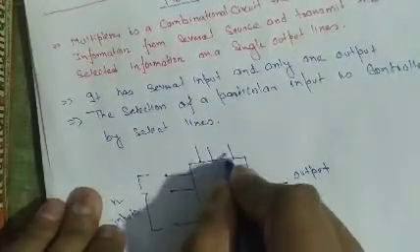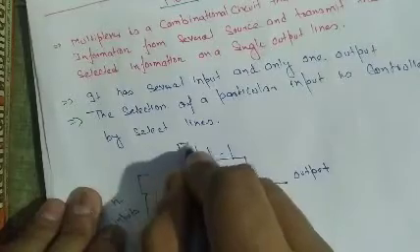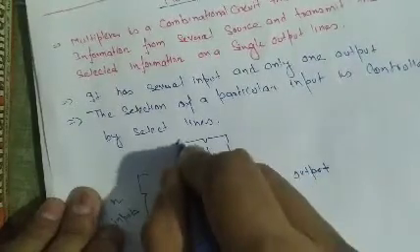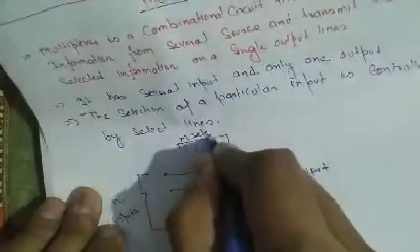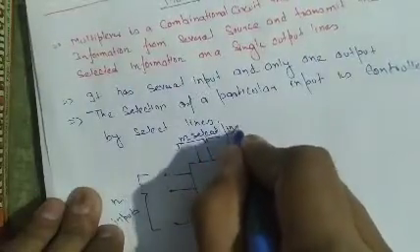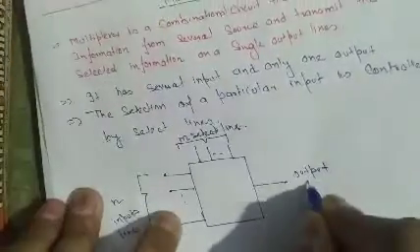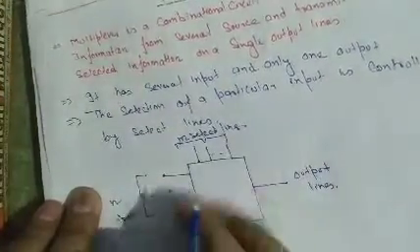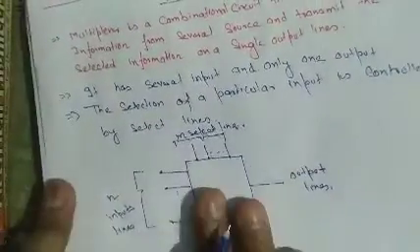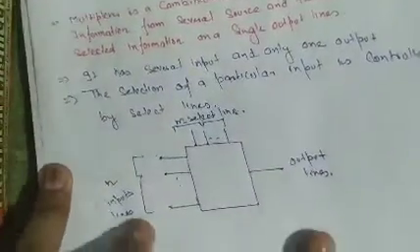How many select lines? Suppose here I take m select lines. So multiplexer has n input lines, m select lines, and one output line.